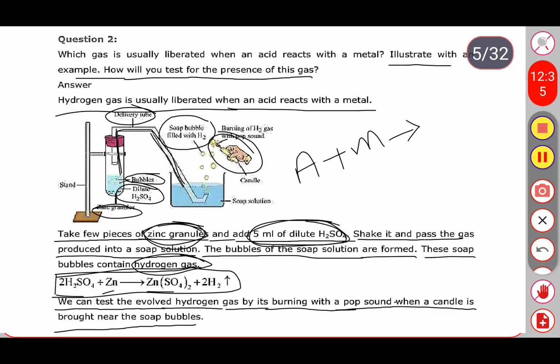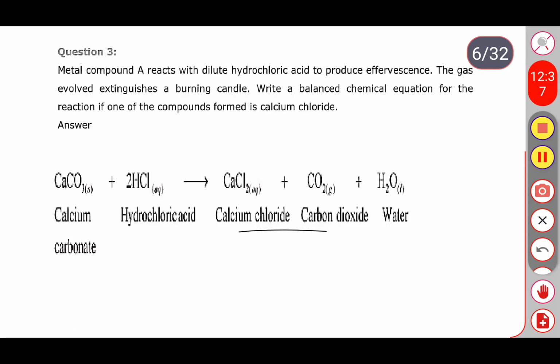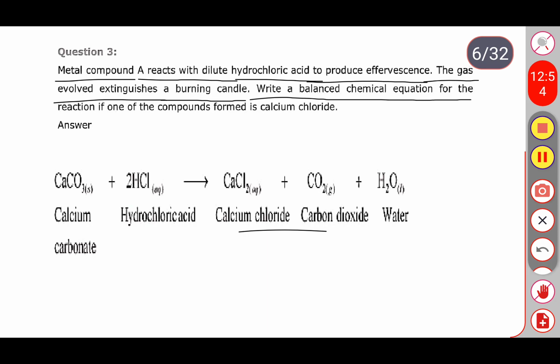A metal compound A reacts with diluted hydrochloric acid to produce effervescence. The gas evolved extinguishes a burning candle. Write a balanced equation for the reaction if one of the compounds formed is calcium chloride. For this question you need to write just a reaction.